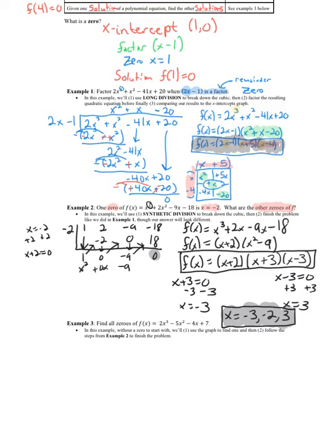I should be able to see on this graph 3 zeros. I got an intercept at negative 3 comma 0. That's one of my zeros, negative 3. I got an intercept at negative 2 comma 0. That was the zero that was given, the negative 2. And I got an intercept at 3 comma 0, so that's the last zero. So there they are, negative 3, negative 2, and 3.